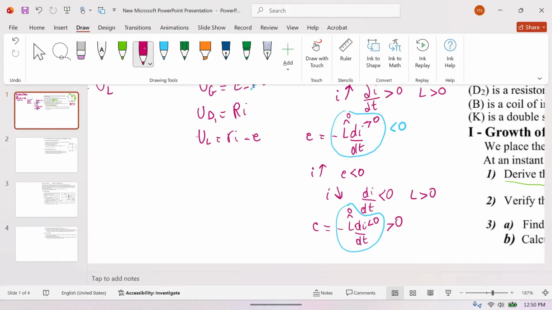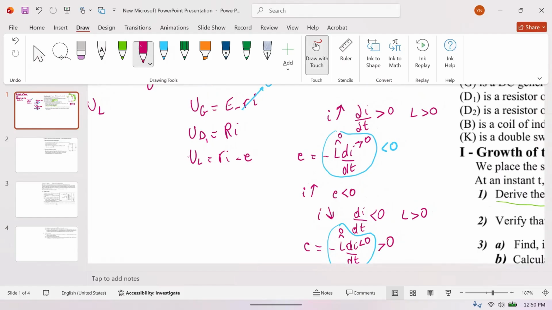So in case we have an increase in the current because of the generator, the coil connected across it will behave in the opposite way and create an EMF that is negative to oppose that increase. This is what we have: a coil that is behaving as a generator in opposition.